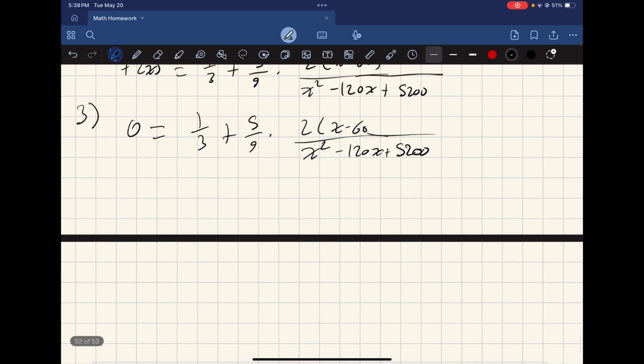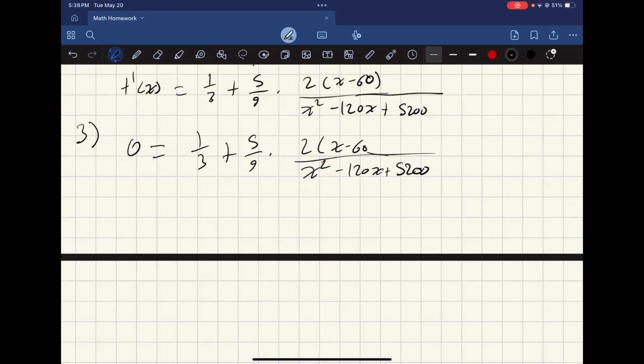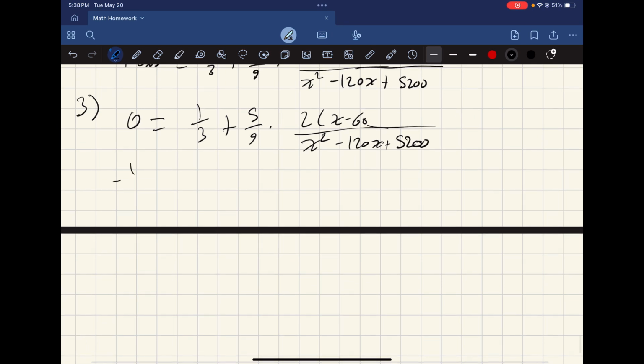First we'll multiply by 9 over 5 and put the 1/3 on the other side. So it'll be negative 1/3 equals 10 over 9 times (x minus 60) over the square root of x squared minus 120x plus 5200.